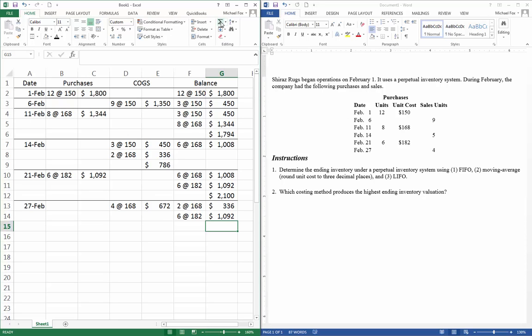And we'll have a total. All right, so the ending inventory would be $1,428, and that's what they want us to find out. So that's under first in, first out.